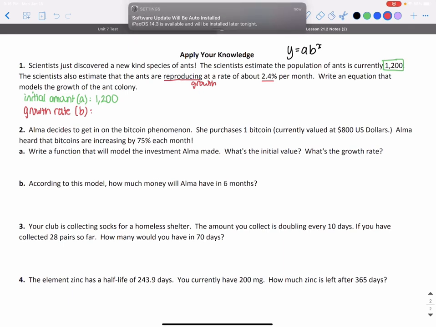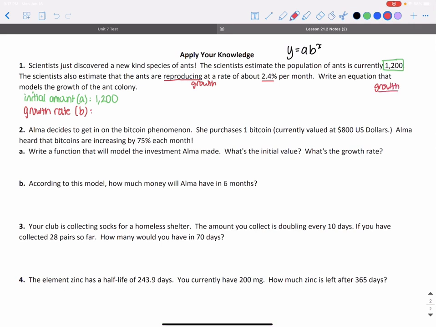So when I have a percent that's given to me, to find the growth rate, or what b is, if I have growth, I'm going to convert the percent into decimal form and add it to 1.